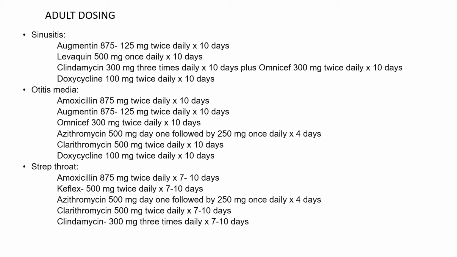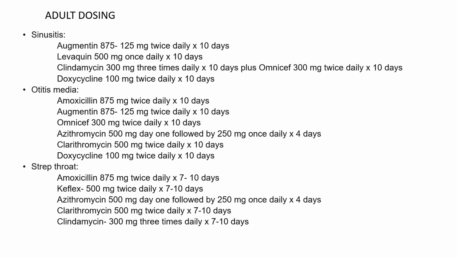You can prescribe medications that include Augmentin, Levaquin, clindamycin plus Omnicef, or doxycycline. Usually we reserve Levaquin for patients who have a lot of allergies that don't allow us to prescribe the common medications. I typically prescribe Augmentin and doxycycline most frequently to patients for sinus infections.